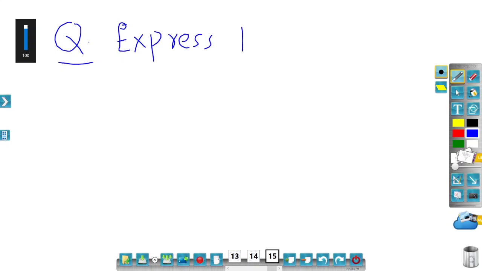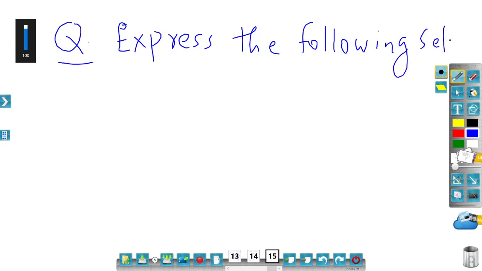So let's go further. The question is as follows. Express the following set in interval form.